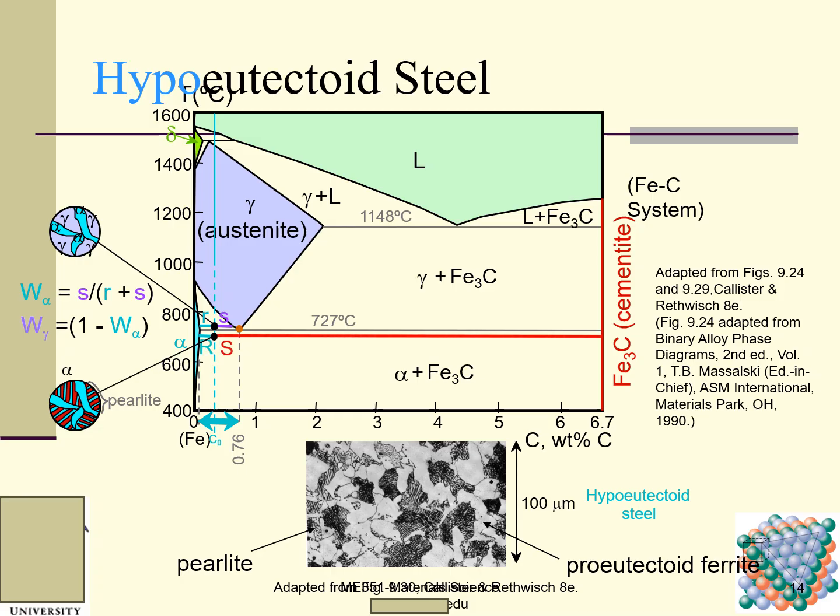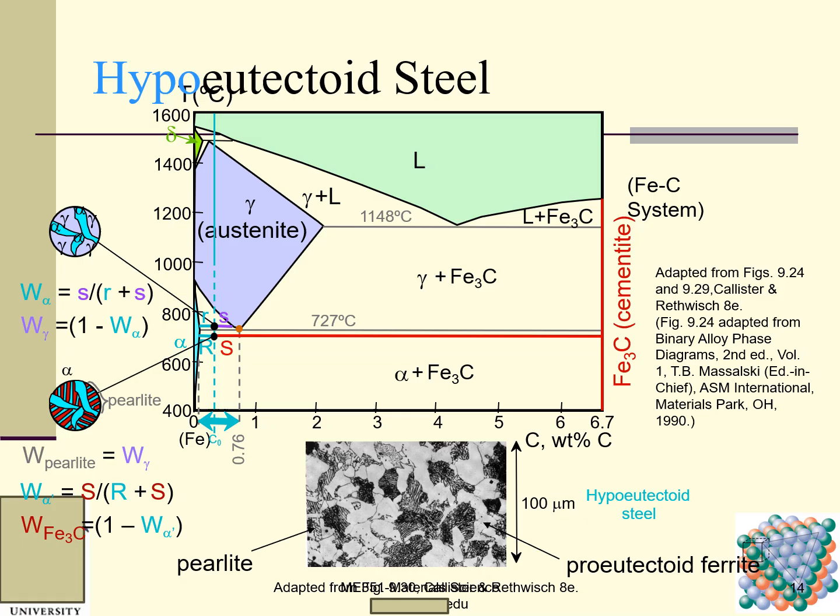This is R and S. You can see this S is so high, that means this part's weight percentage is much higher. This is W pearlite, and W alpha prime equals S divided by R plus S, and the weight percent of the cementite equals 1 minus this one. So this is another way to calculate.